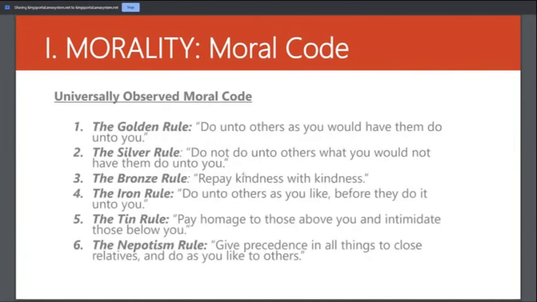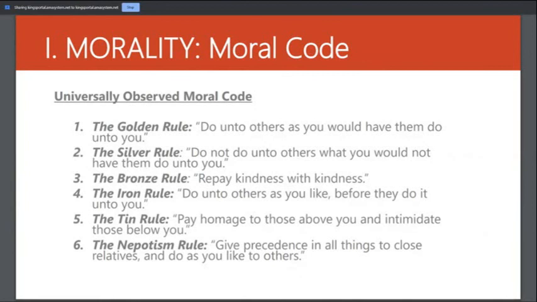We do have these universally observed moral codes, or basically principles or theories, like the golden rule: do unto others as you would have them do unto you. The silver rule: do not do unto others what you would not have them do unto you. The bronze rule: repay kindness with kindness as well.